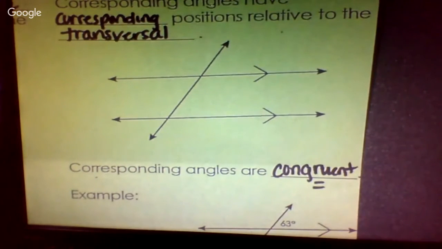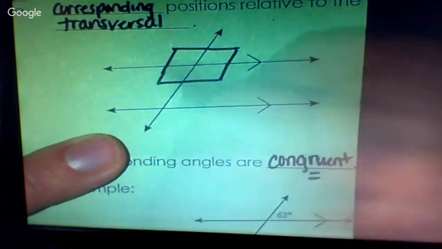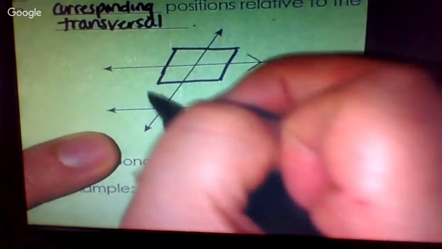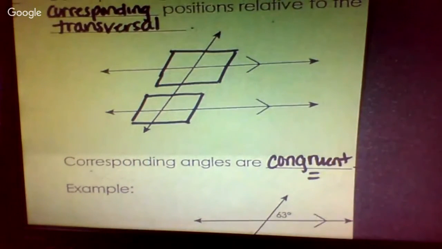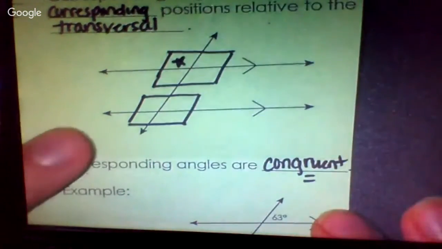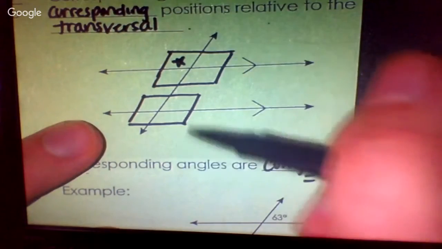Again, create yourself intersections when you're talking corresponding angles. So you have your first intersection up here, where your first parallel line is. Your second intersection then is down here, where that parallel line is. So if I'm talking the angle in the top left, it corresponds to the angle in the second one, top left.